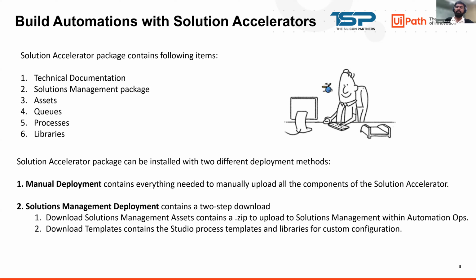We'll see the different ways of doing it. If you are aware of Orchestrator Manager, which is also a tool provided by UiPath to quickly create assets, queues, storage buckets, everything else by just a click, right? We just need to provide the information and then it will create everything for us in just a few clicks.